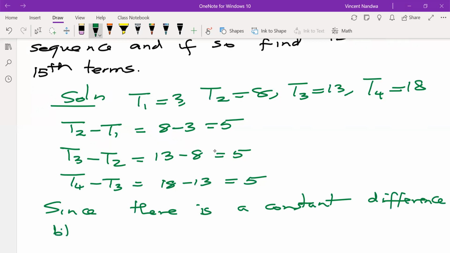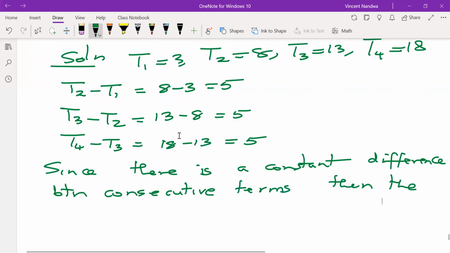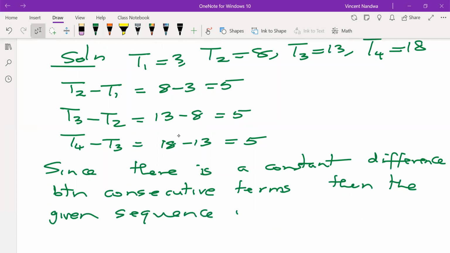So since there's a constant difference between consecutive terms, then the given sequence is arithmetic.